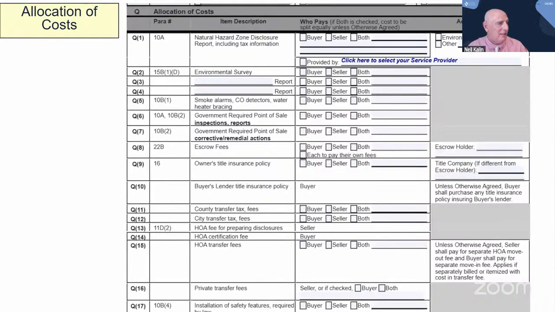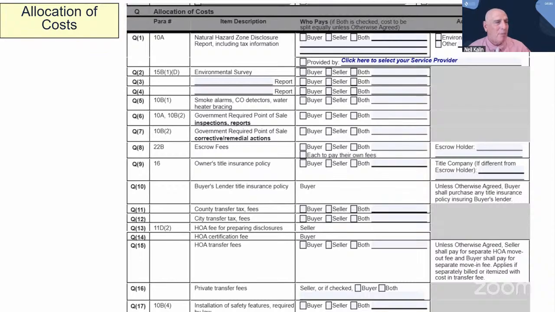You could see that we just list out the most common expenses in the transaction, and we say, you choose what's right for you in your part of the state, whether it's Southern California or Northern California, or coast property versus inland property. It doesn't matter to us. You figure out what's right for your particular area, your particular practice. Choose buyer, choose seller.